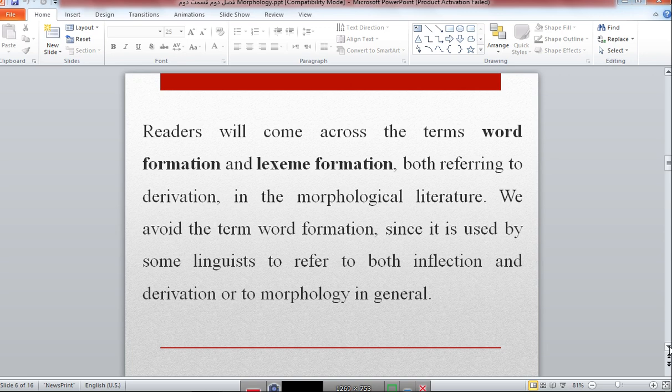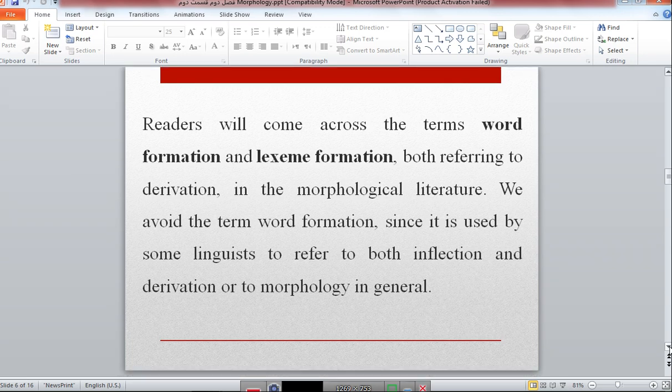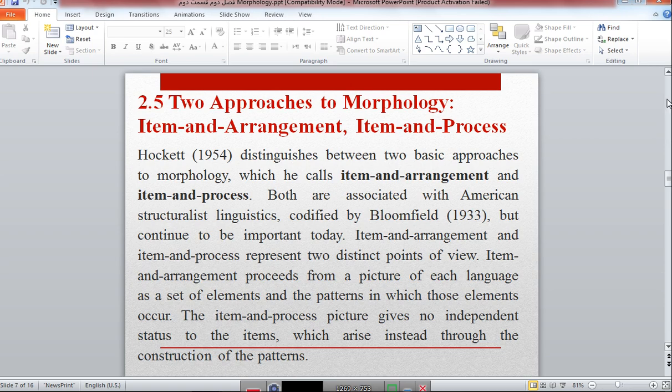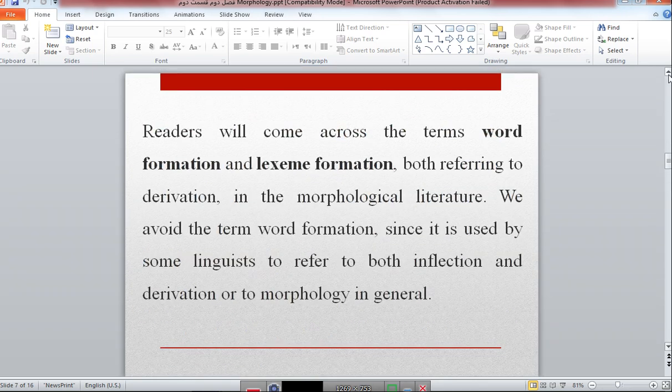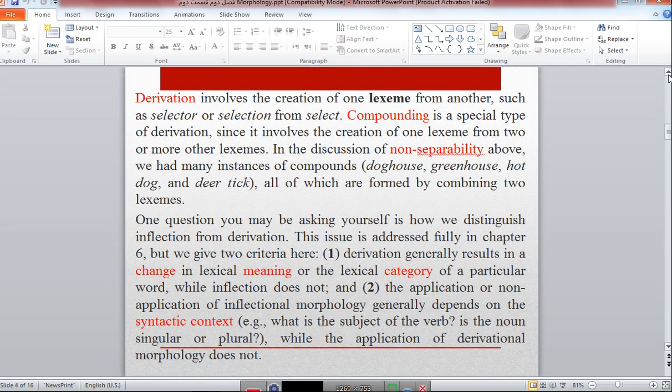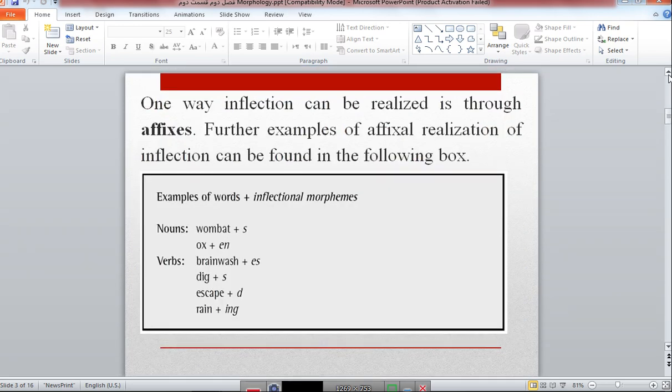We avoid the term word formation since it is used by some linguists to refer to both inflection and derivation, or to morphology in general. We just use lexeme formation here. So this is the definition of derivational affixes.